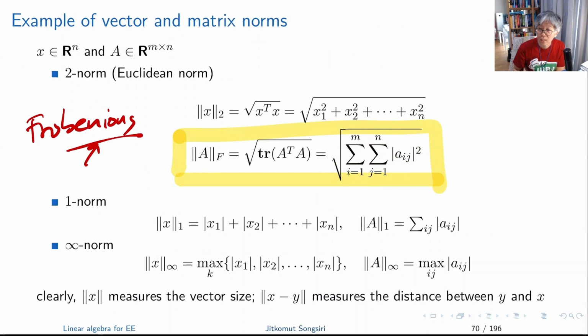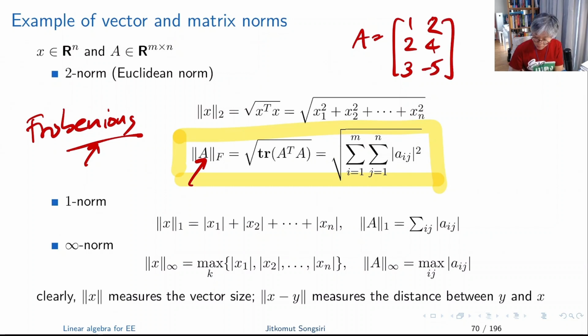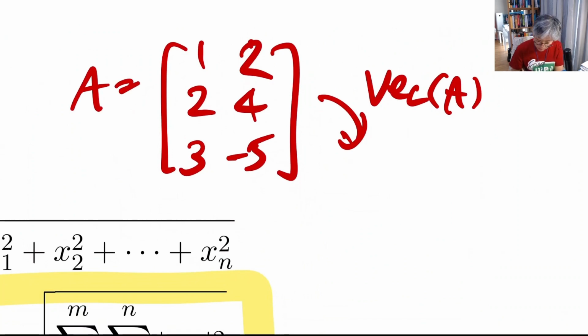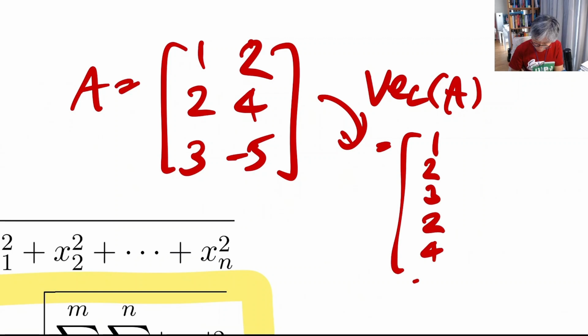You see that the definition of the Frobenius norm is nothing but applying the vector norm to the vectorized version of A. Suppose you have A that is 1, 2, 3, 2, 4, -5. If you vectorize, or flatten the matrix, the vectorized version would be 1, 2, 3, 2, 4, -5.